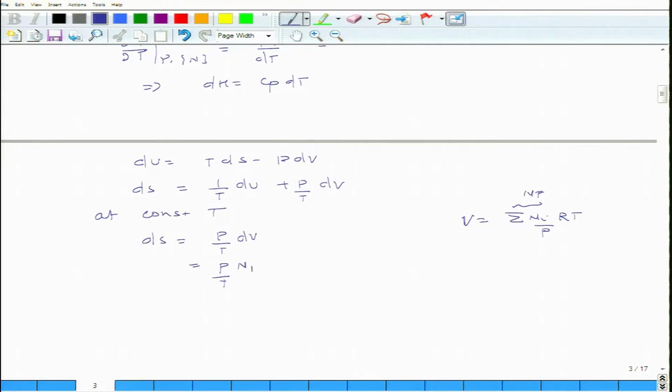So, this becomes Nt RT d of 1 by P, and T can cancel, so I can rewrite it as minus R Nt d log P, in a simpler form.